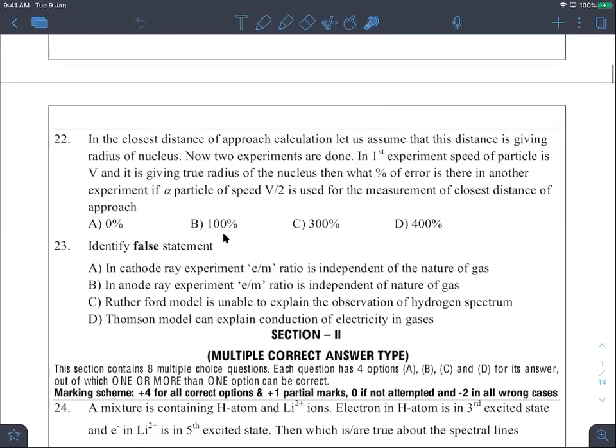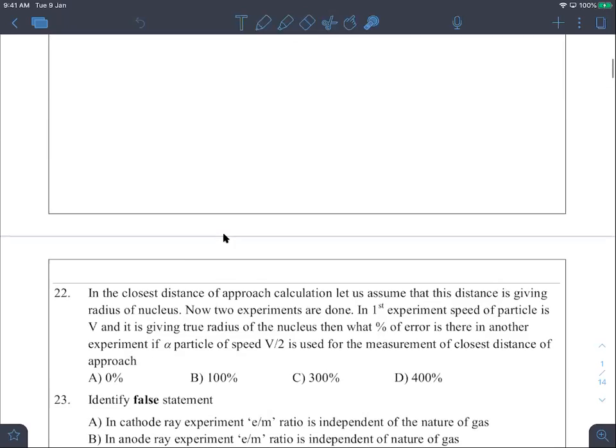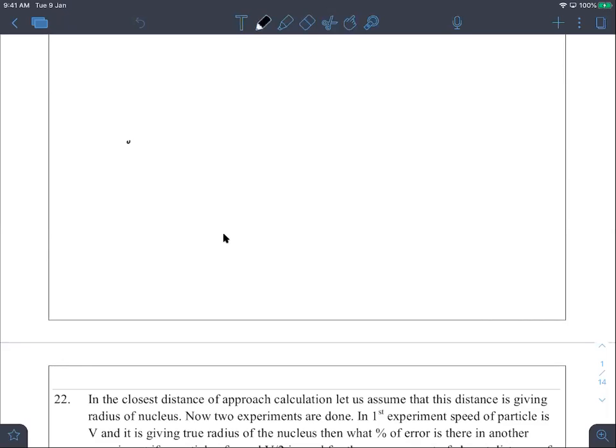See, the closest distance approach, what you need to check out here is, suppose there is an alpha ray going for scattering on the nucleus, say this is the nucleus, got it? But the nucleus, we need to find out, is slightly bigger. So I'm just writing the same nucleus slightly bigger. Imagine this.